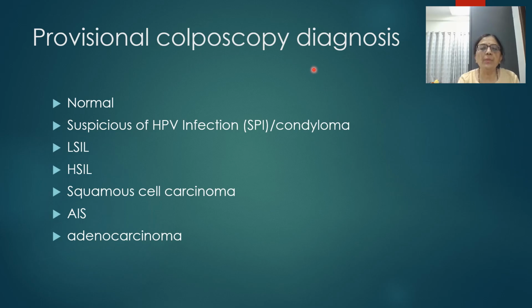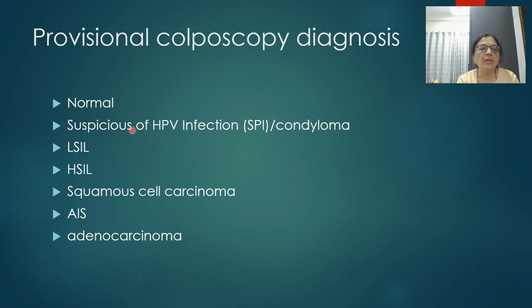No, we need to comment about our impression also, and then correlate it with histopathology, or discuss it even with the histopathologist, so that with better communication between the colposcopist and histopathologist, consistent results are there. There is less possibility of mistakes on both the sides.